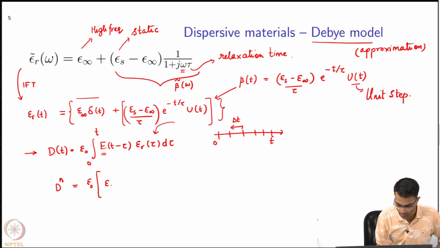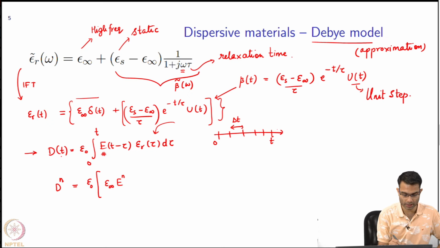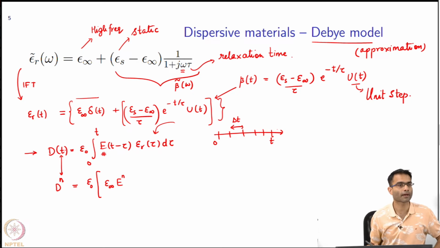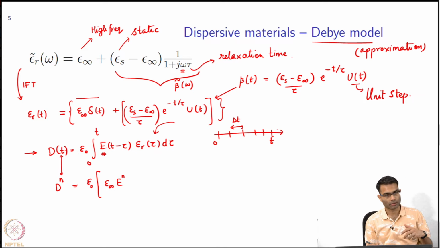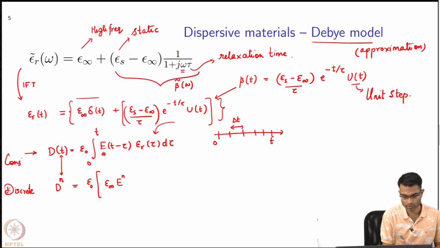Epsilon infinity multiplied by the electric field, at what time instant? T, which is n. So this t is the same as n. On top I have the continuous time version, bottom is the discrete version.